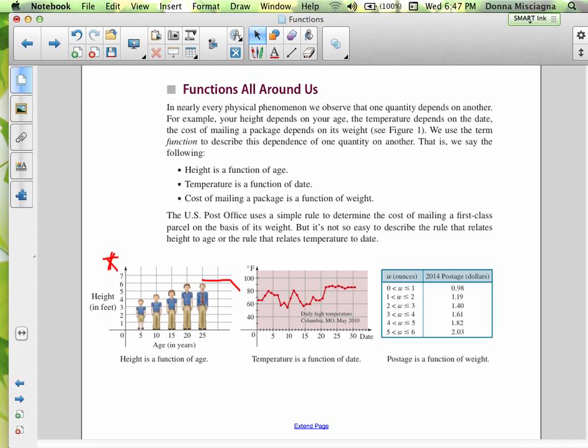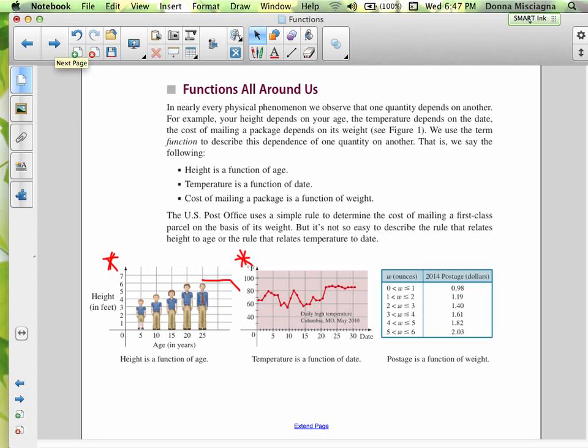Other places, if it's winter time, the temperatures are much colder. Our temperature kind of zigzags a lot, like this one does. So just because a date is later than the current date doesn't mean it's necessarily going to be colder.